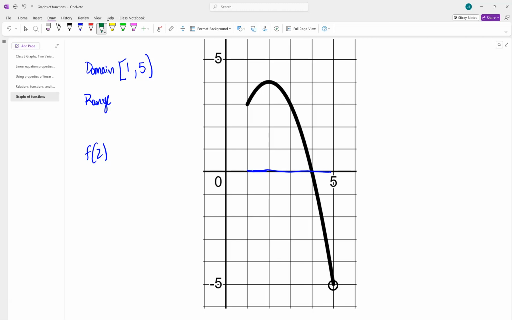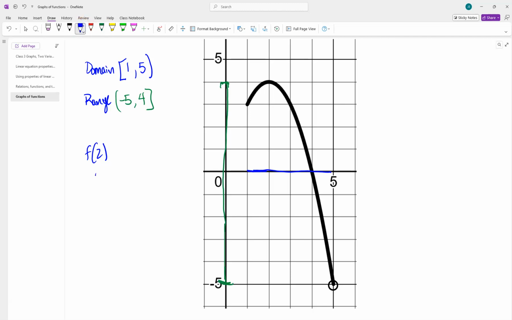Range, I'm looking at the y values. I start down here at -5, but that is not included, and then I go up. I have y values all the way up until here, and that would be included, so that'd be up to 4, and so my range would be -5 to 4 included.